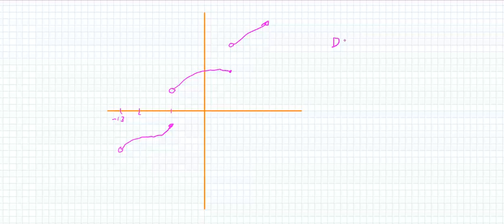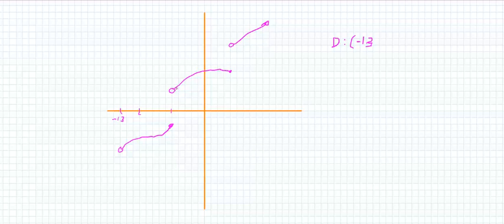So my domain, we start at negative 13, and we go along to negative 5. But I jump up here and continue on. So even though there's a break in the y, at negative 5, negative 2, I have a point, and at negative 6, 4, I have a point.